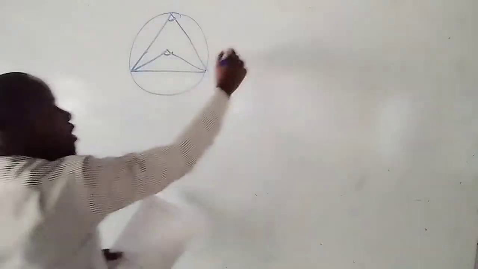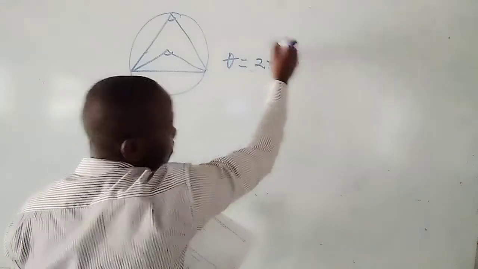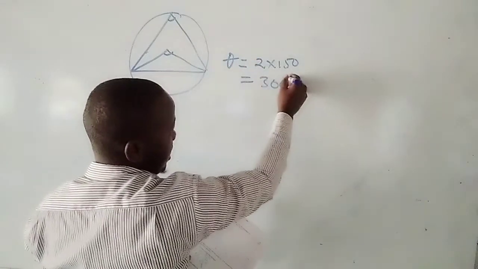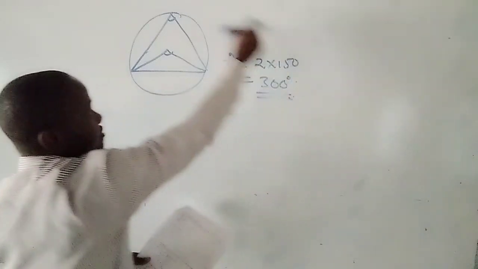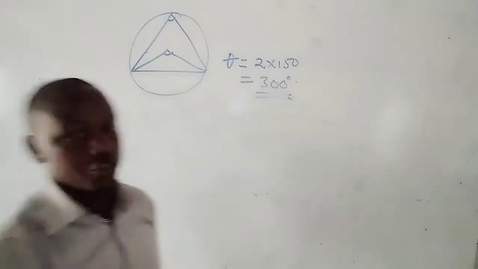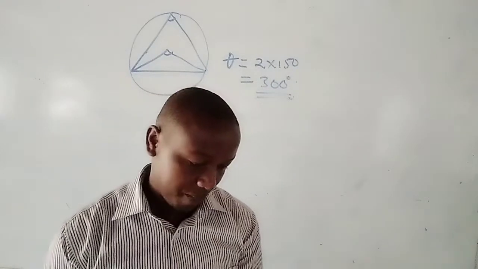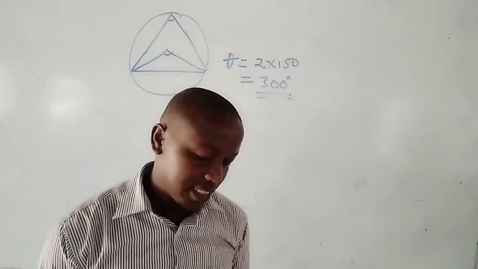So if the angle at the circumference is 150, then the angle at the center will be double. So 300 degrees.